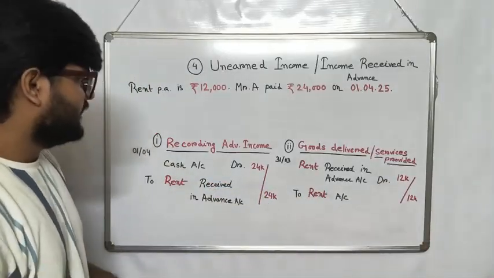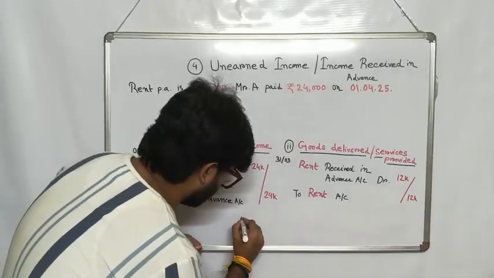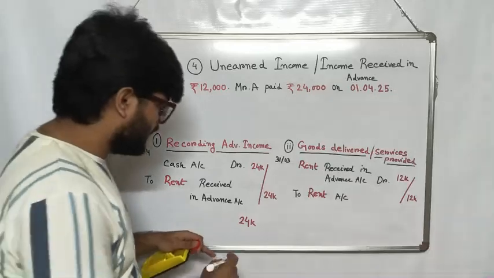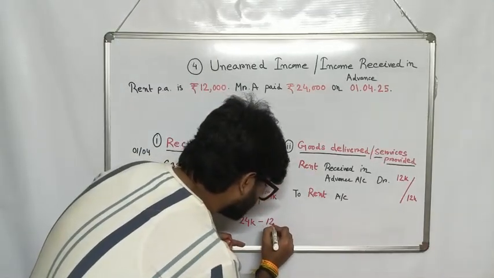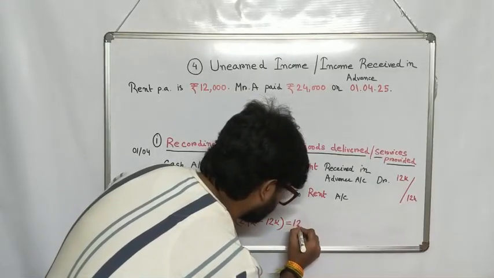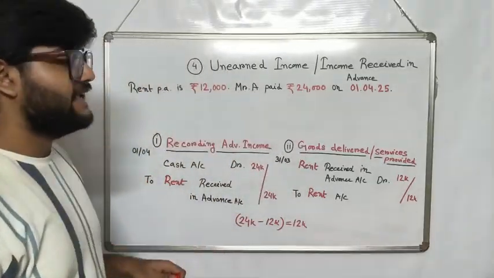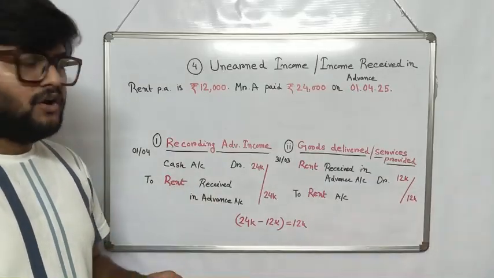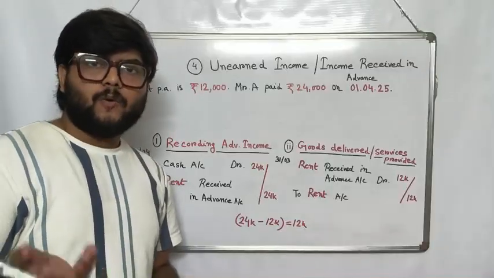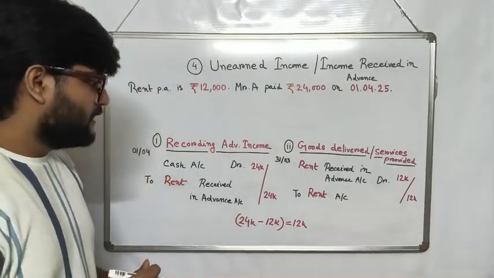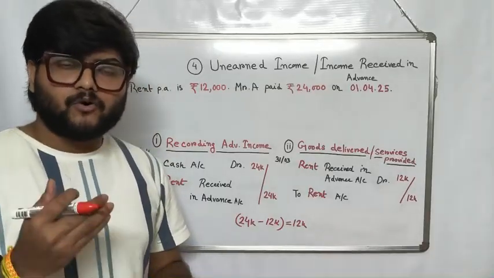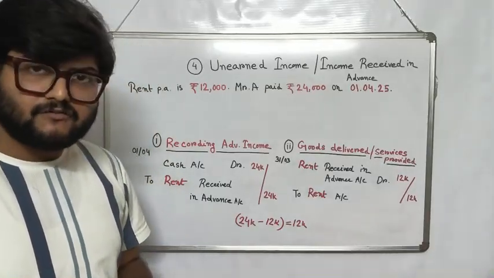Now you see that 24,000 has been received from Mr. A, but only 12,000 is relevant for this year. So this additional 12,000, or the advanced income that we have received, or the income received in advance, is an obligation for me, because I have received the income but I have not provided the benefits of it.